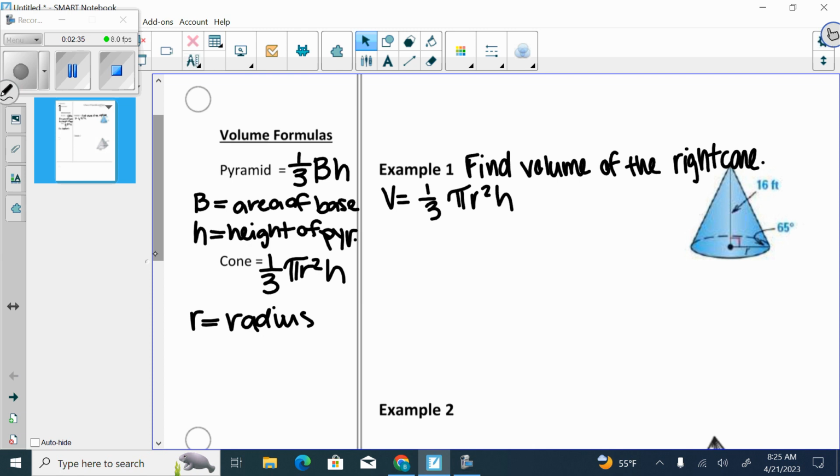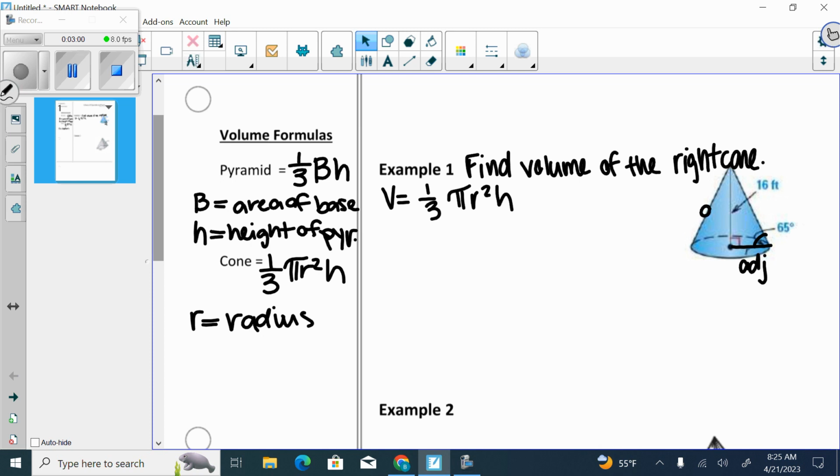R. Okay, so I need to solve for R, which would be this piece right here. So what method could we maybe use to solve for R? Trig, right. So this is the angle that they gave us, right? R is adjacent, opposite, or hypotenuse? Adjacent.